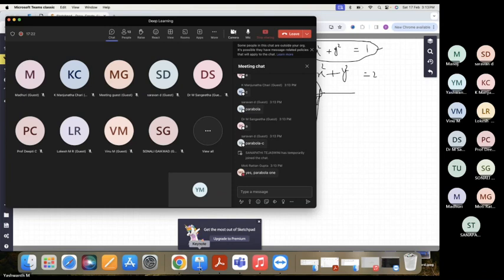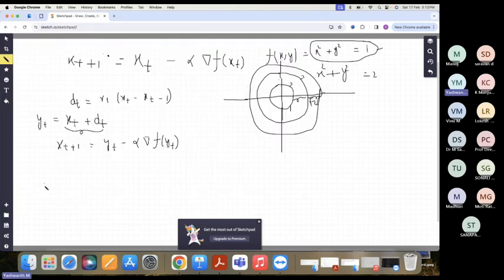It is easy to see because the level sets are y minus x square equals f of x y. If f of x y is 0, you get your standard parabola. Now y is equal to x square plus 1.